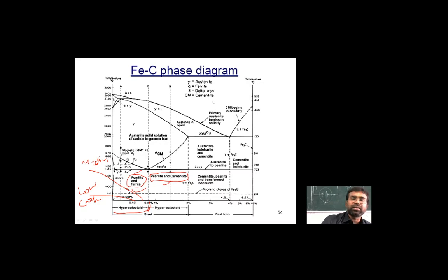So the thing we are considering in the iron carbon diagram is how the carbon percentage plays a very vital role in improving the hardness of the material, and that is how we talked about the hypoeutectoid.